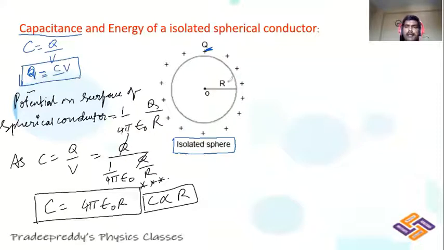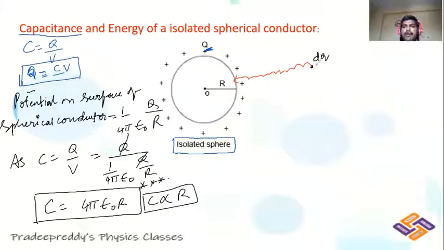For that, let me consider a charge dq which is placed at some particular infinite position. Now this dq charge is to be brought somehow onto the surface of this conductor.